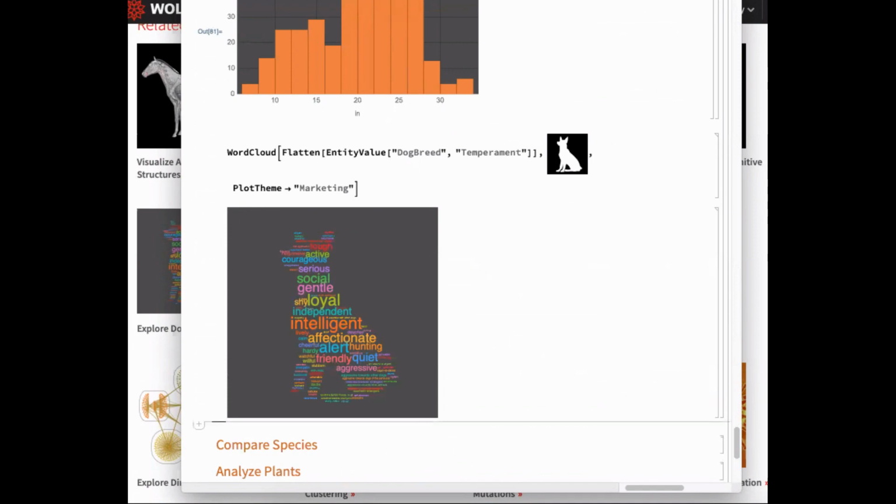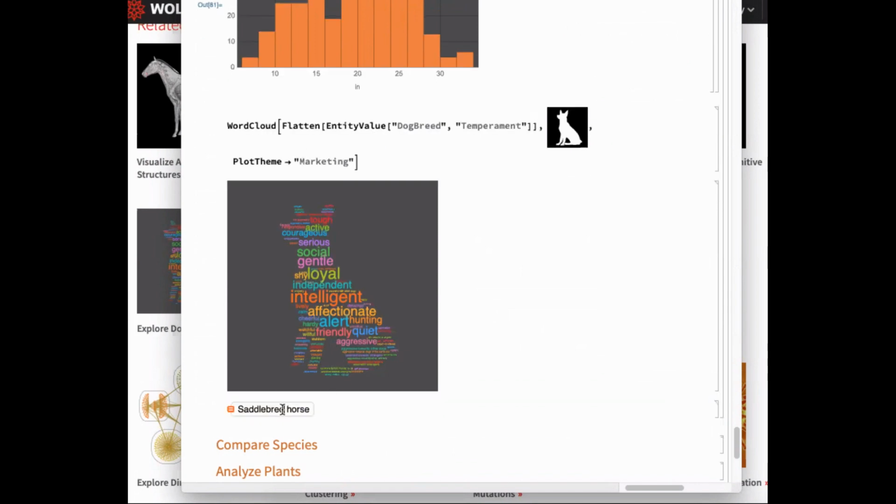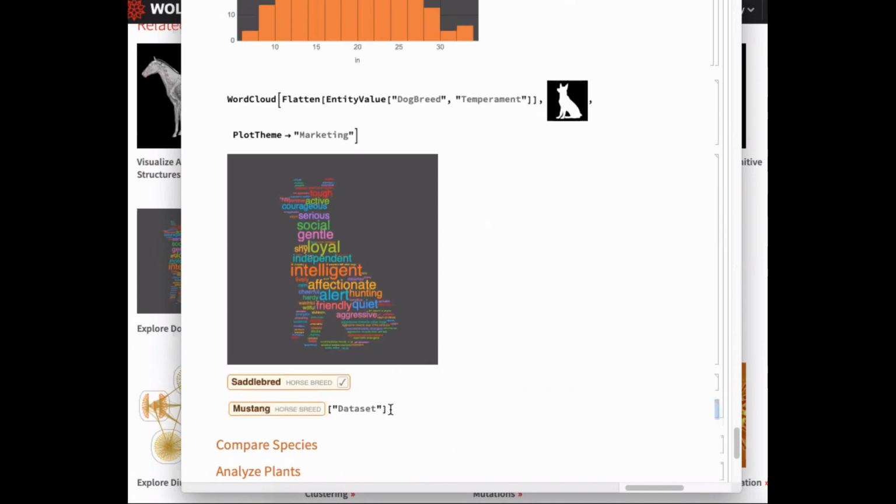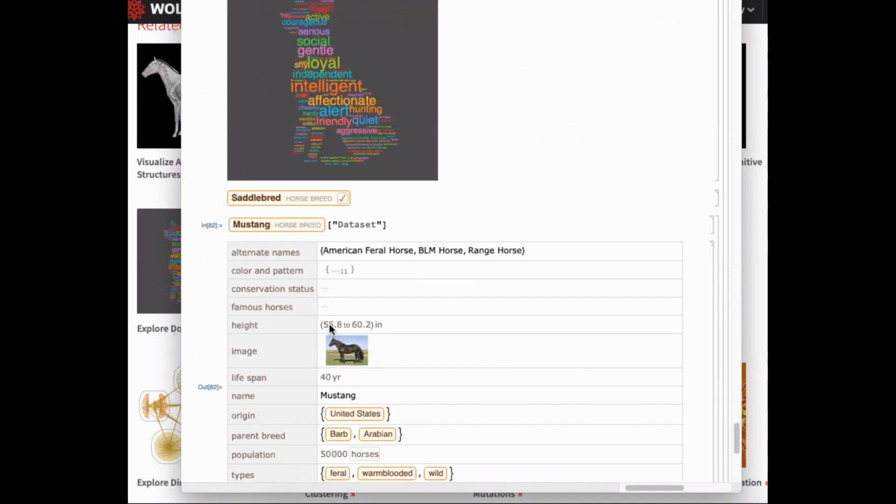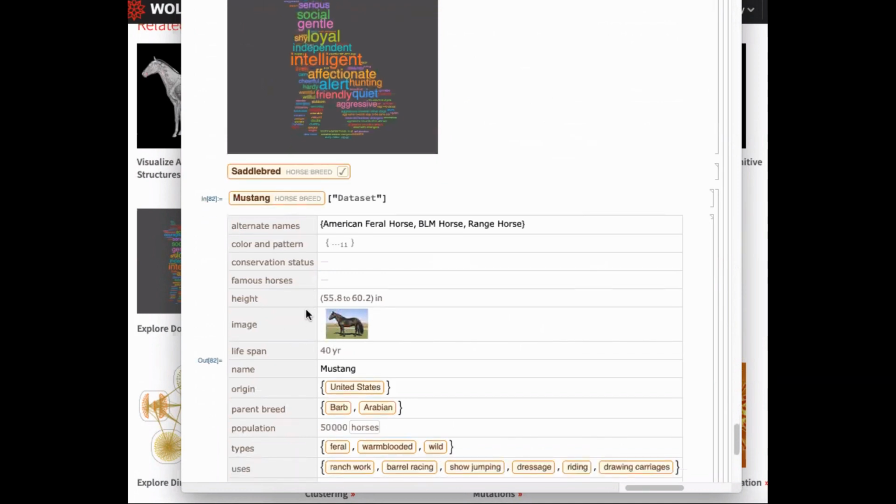And most recently, we also introduced a set of data on horse breeds. So, for example, saddlebred is one horse breed entity. And for over 240 different types of horse breeds, you can get information like types, use, and physical characteristics.